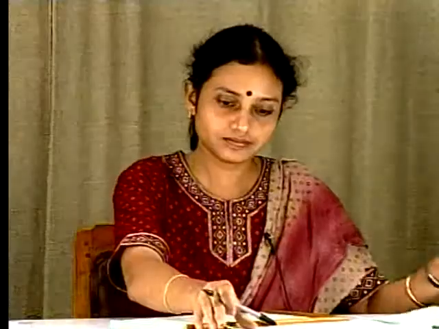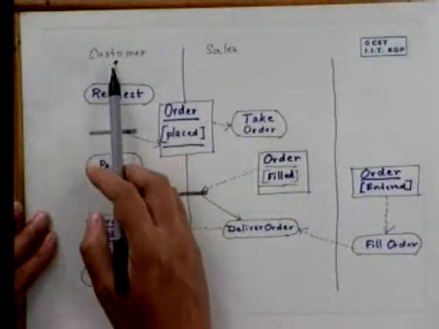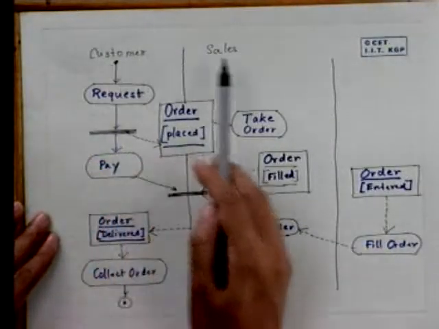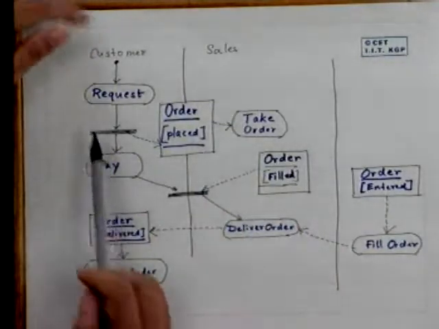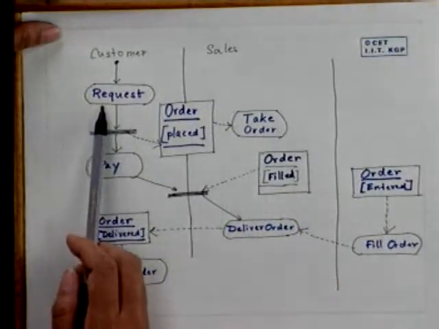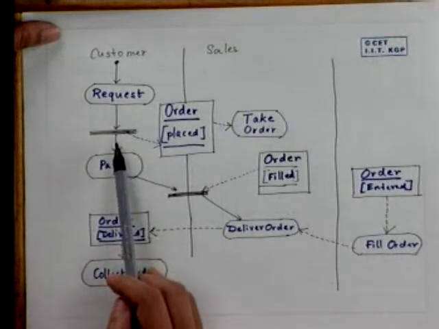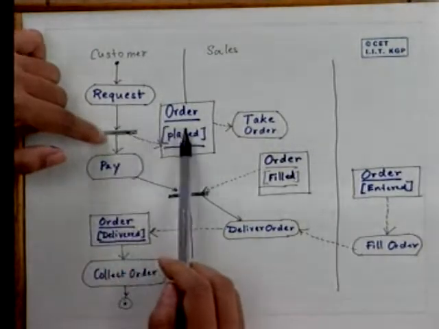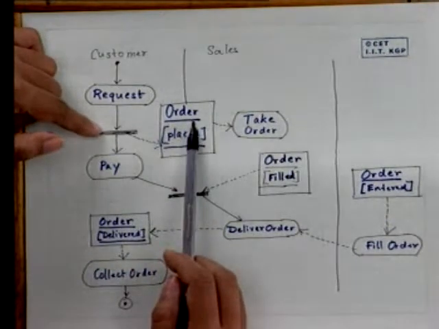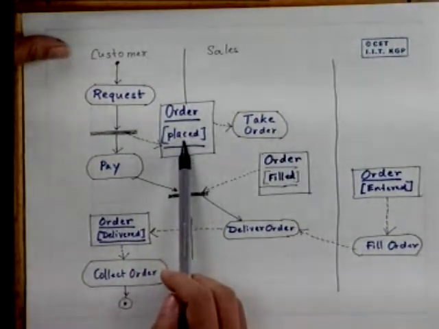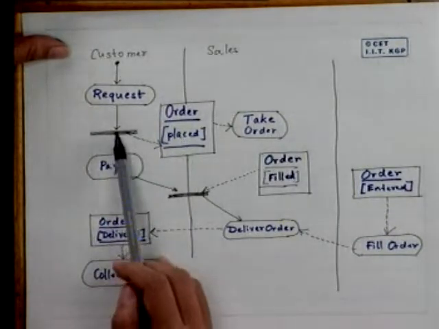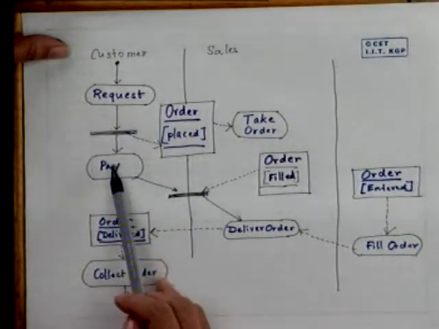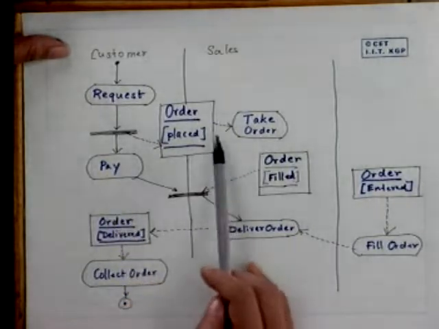Let us see an example of an object flow. This example illustrates a process and activity diagram involving customer and sales. So this starts with a request by the customer, and there is a fork here, and as a result of it, an order object is generated, and the status of the order object is now placed, and the customer also initiates the pay process.